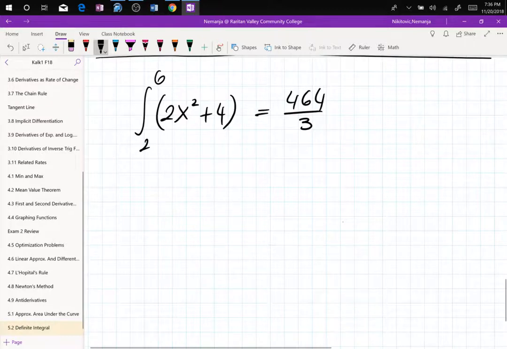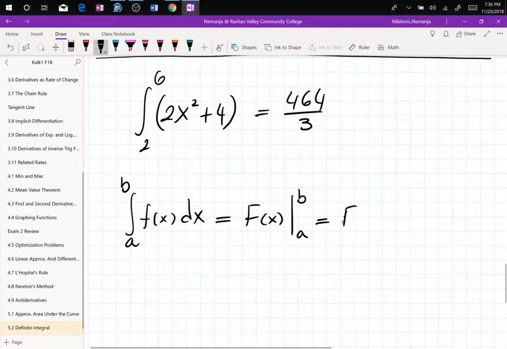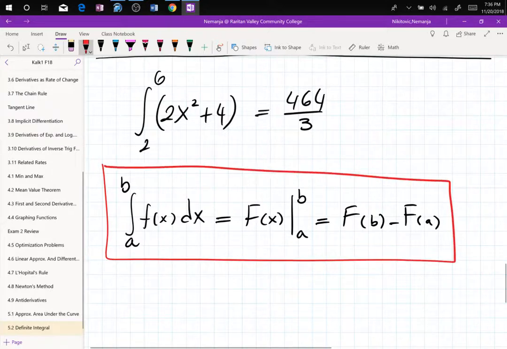So, what do we have? The integral of f of x dx calculated between numbers a and b is going to be the antiderivative F of x computed from a to b, which is calculated as F of b minus F of a. This is the definite integral.